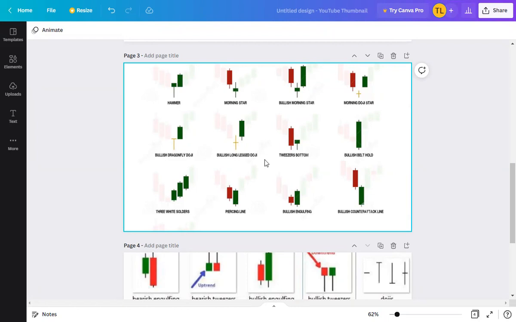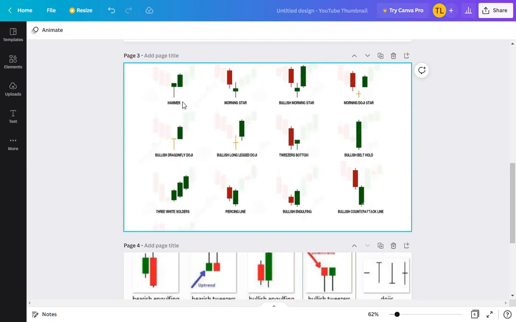If you remember the hammer that I showed you guys, this was the hammer. But what makes it significant is that after the hammer was formed, another bullish candlestick showed up. It proves a bullish move.